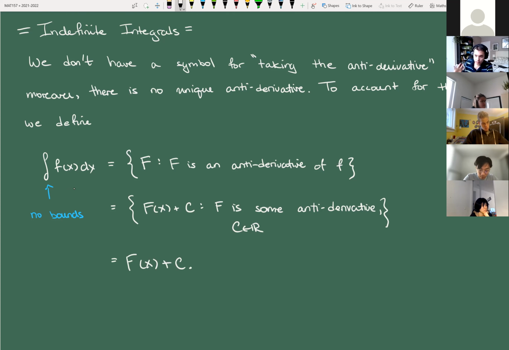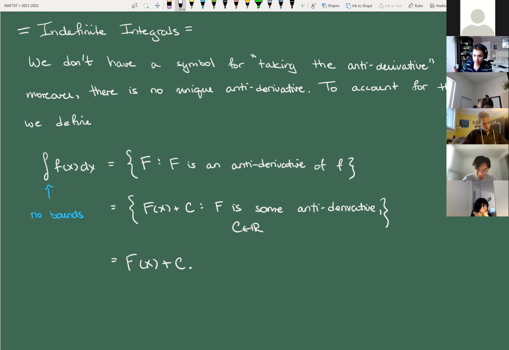When we write that plus c there, and this screws up a lot of students all over the world who are learning integral calculus, that plus c is a shorthand for the set above, right? It's saying I'm allowing c to run through all possible constants and thereby enumerating every possible antiderivative.